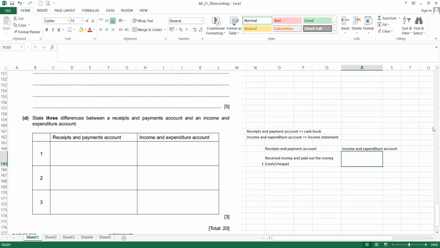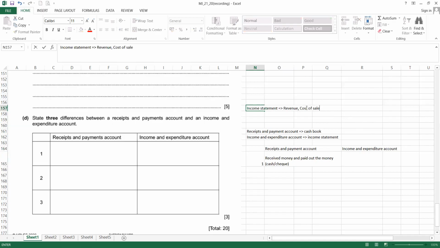Income and expenditure is only for the income statement. We talk about the income, revenue, income, expenses, cost of sales. But because this is a service account, the club is providing the service. In the income statement, you have 4 sections: revenue, cost of sales, other income, and expenses.